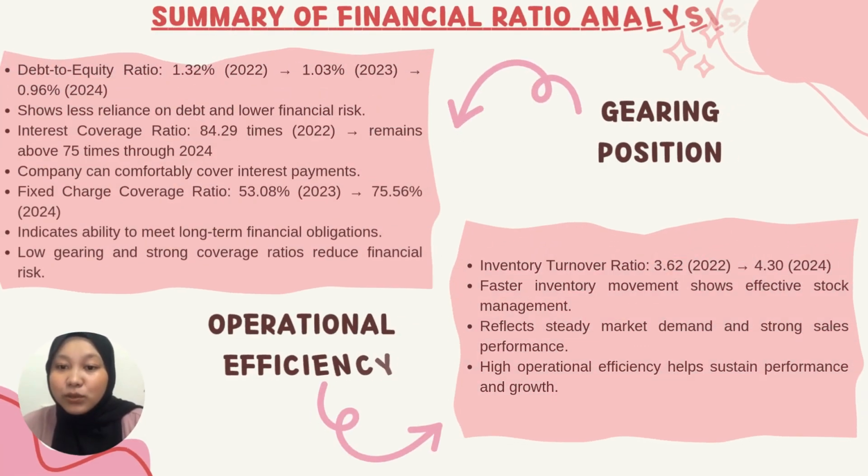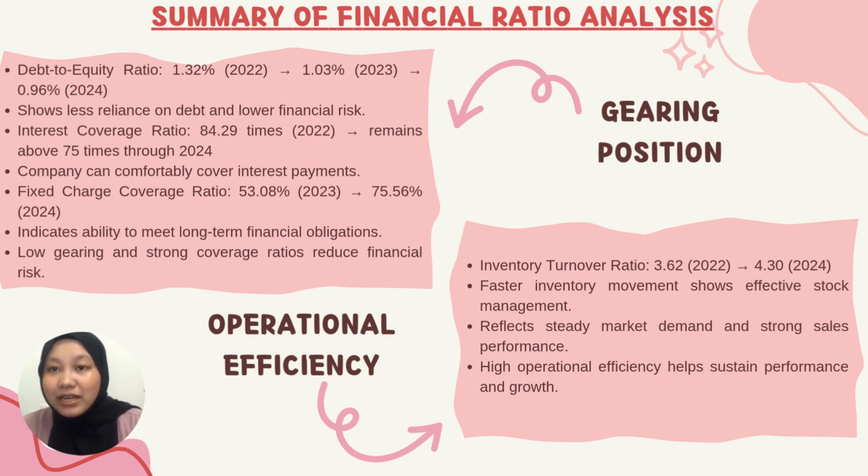Now, let's look at the gearing position. The debt-to-equity ratio decreased from 1.32 to 0.96. This means that the company relies less on the borrowed funds and more on its own capital.